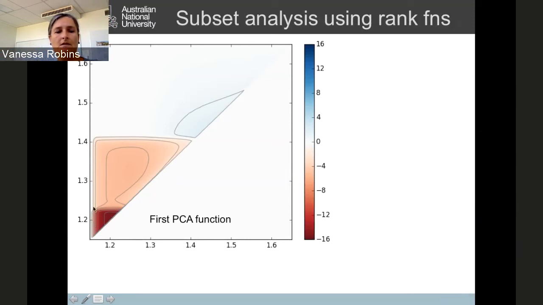This corner is the regular tetrahedral corner, and this corner up here is the regular octahedron corner. But the maximum variation across our 36 subsets is happening at this particular point here.